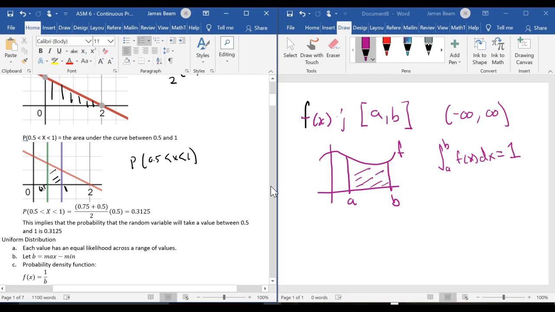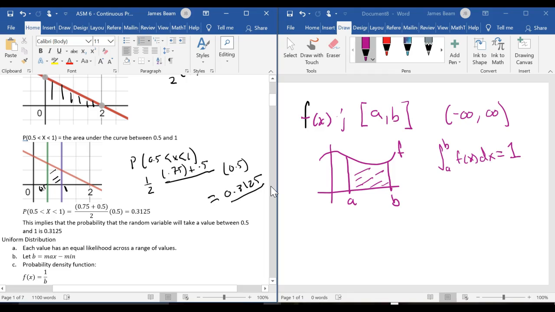So the area of that region is going to be half base 1, which is 0.75, plus base 2, which is 0.5, times its width, which is 0.5, which I believe comes out as 0.3125. So the probability that my random variable would take a value between 1/2 and 1 is 31 1/4%, right?